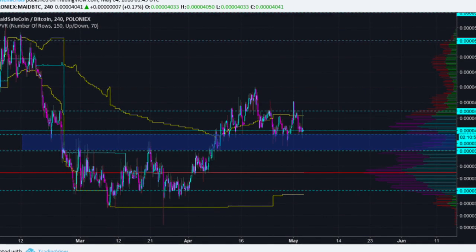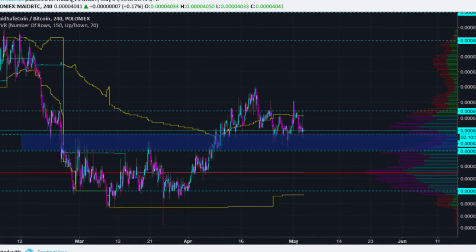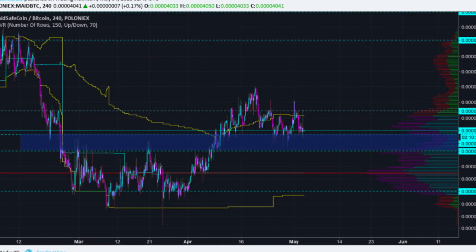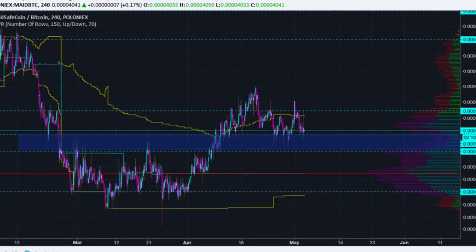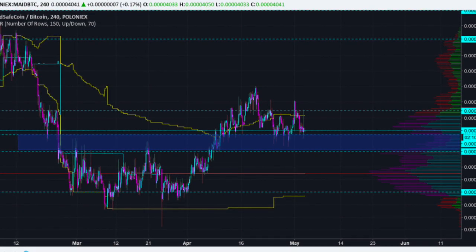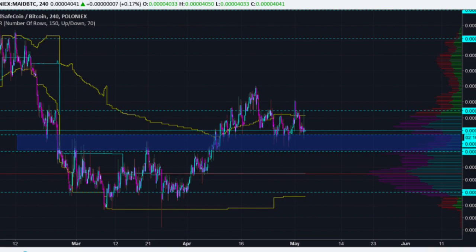As we can see, price bounced off of it several times. Currently it's looking like it's possibly in a good entry position, just based off of trend and support and resistance levels. Nice.